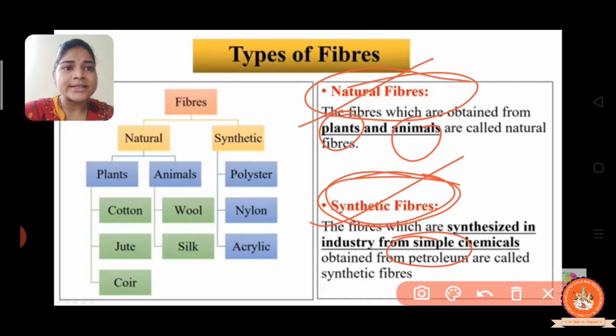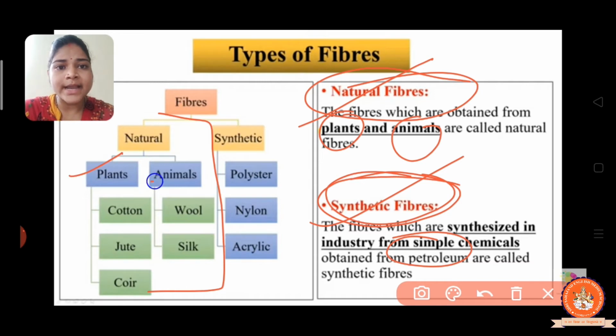Now first we see the natural fibers in the figure. The natural fibers are obtained from plants and animals. From plants we get cotton, jute and coir. Coir is obtained from coconut. Right?